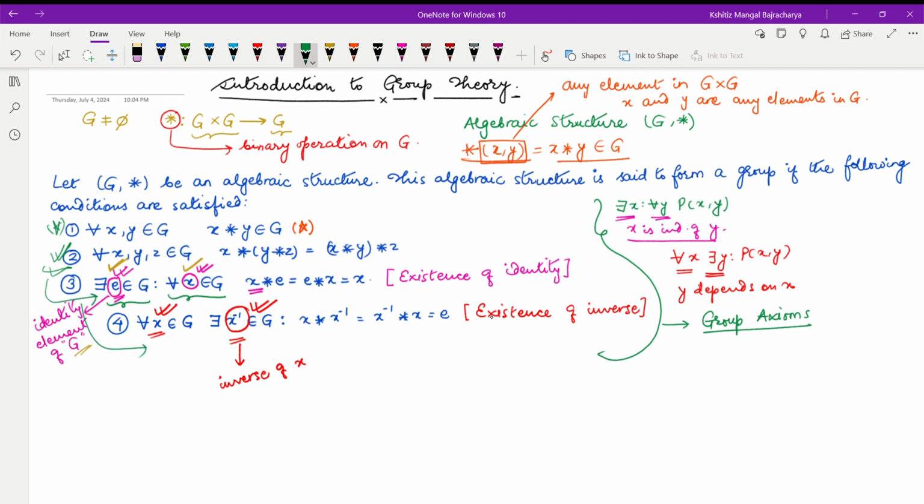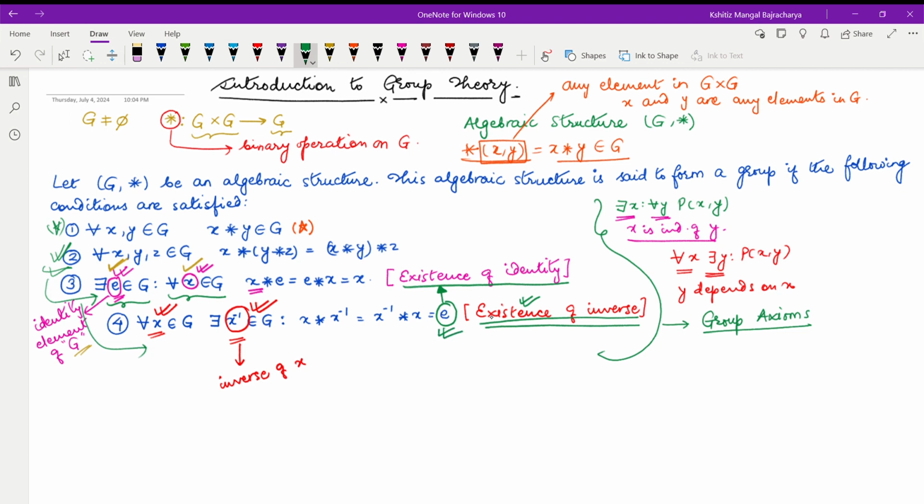But whatever we do, we must state the existence of identity prior to the statement of existence of inverse, because the statement involving the existence of inverse condition involves E. E means identity. So if we define the existence of inverse later on, we must define E separately.